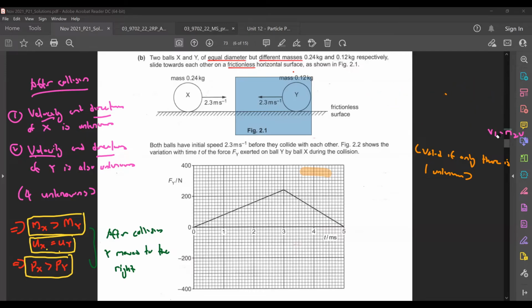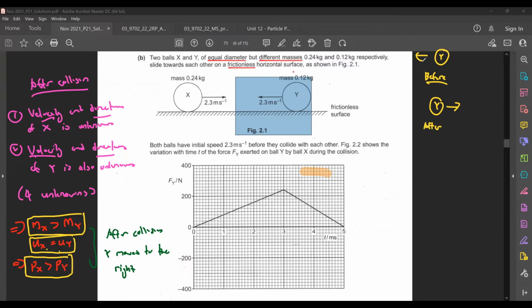you can say something like this right now. Just bear with me for a while. Before collision, your object Y was moving like this. This is before. But after collision, it's moving like this.